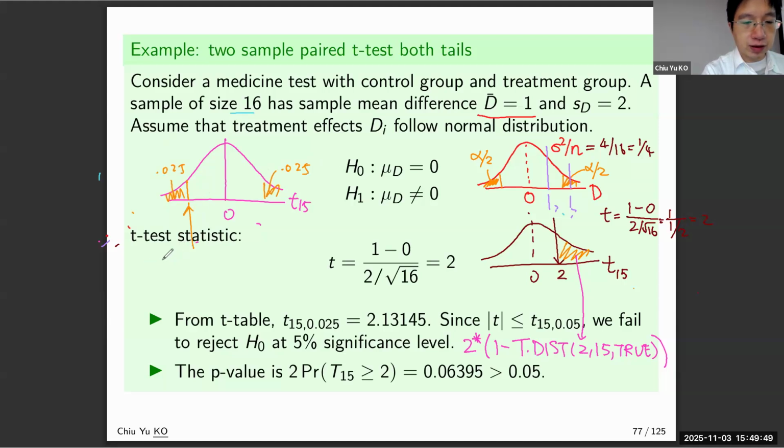This number will be T inverse of 0.025 with 15, and this number will be T inverse of 0.975 with 15. Both will give you 2.13145, plus or minus, and 2 is not there, because 2 will be somewhere here. So it's not in the rejection region, so you can't reject.